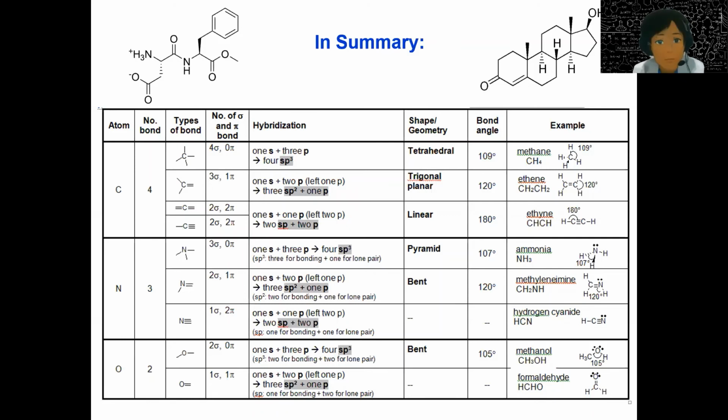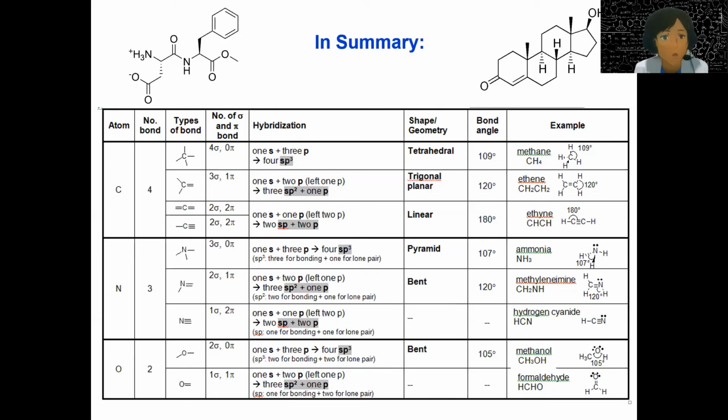You have 3 sp2 orbitals and 1 p orbital that remains unhybridized. The shape is bent for your nitrogen, and the angle is 120. For the nitrogen triple bond, you have 1 s and 1 p orbital, giving us 2 sp orbitals. There's no shape or bond angle you need to remember.